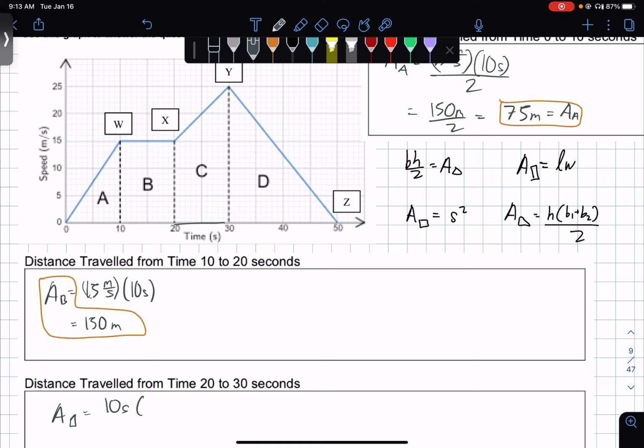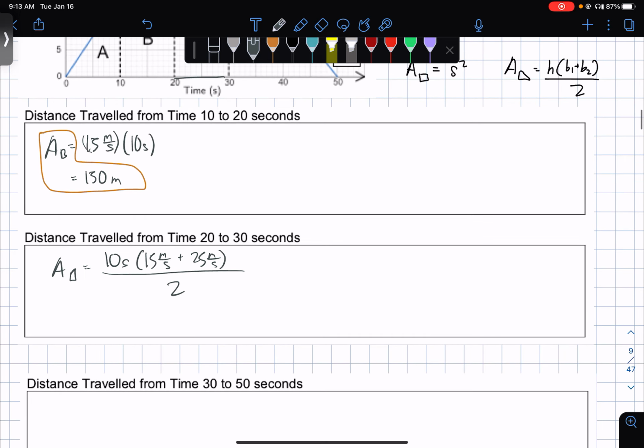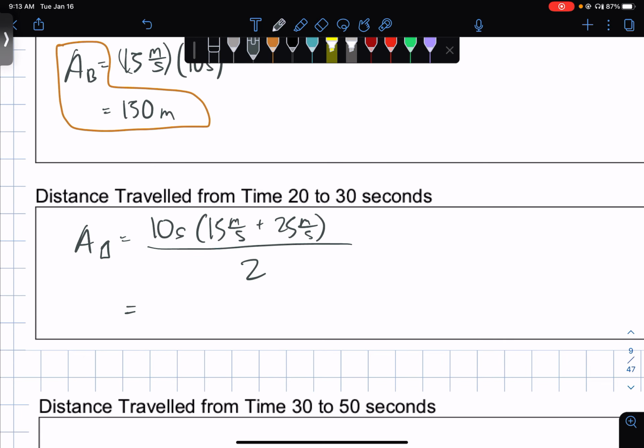And then we have 15 meter per second plus base 2, that is 25 meter per second, and then divided by 2. We have 30, 40. 40 times 10 is 400. Cancel the unit second, so we have meters left. 400 divided by 2 is 200 meters.